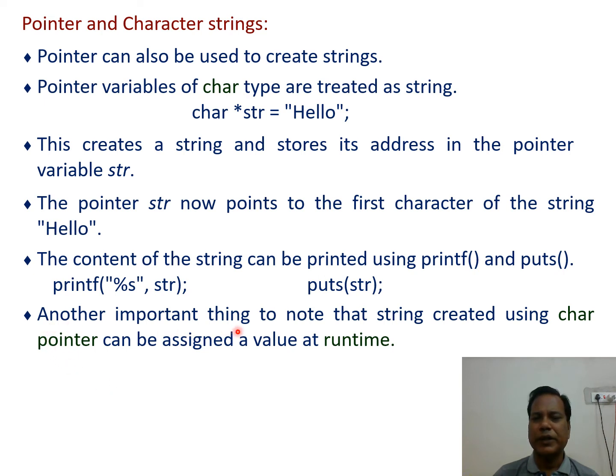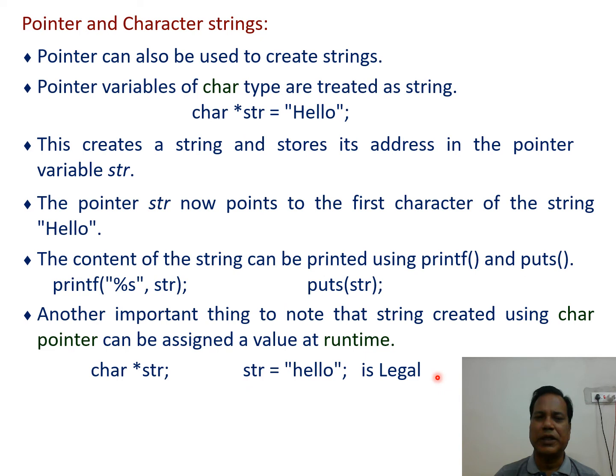Another important thing to note is that a string created using a character type pointer can be assigned a value at runtime. So this type of string can be assigned when the program runs. char *str; declares the character type pointer variable str, and str can be assigned a value of hello like this.